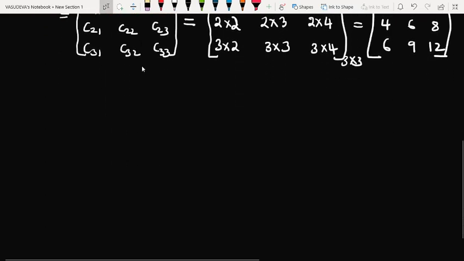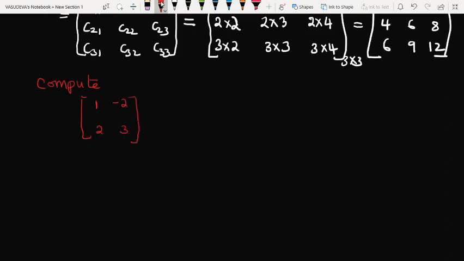So let's take another example. Compute the product of the matrix 1, minus 2, 2, 3 and the matrix 1, 2, 3, 2, 3, 1.